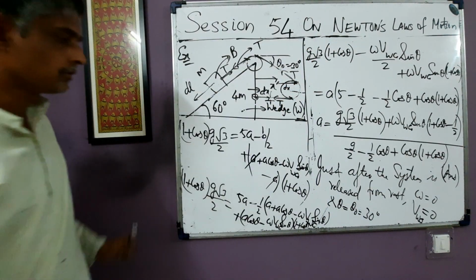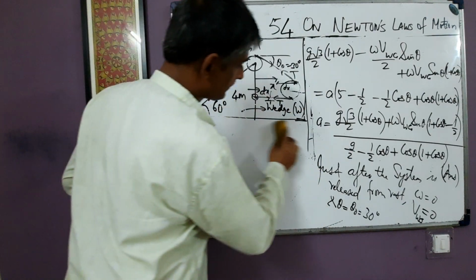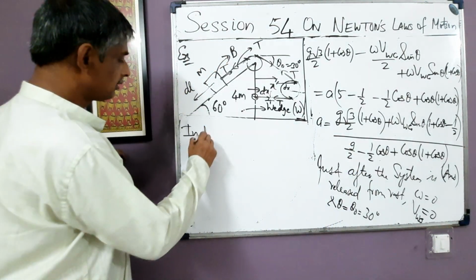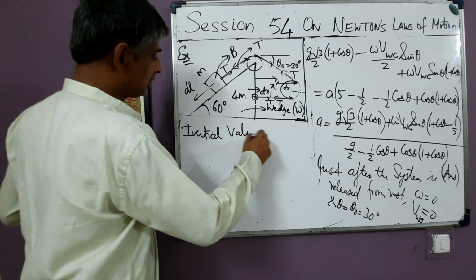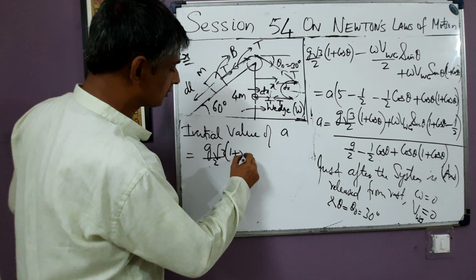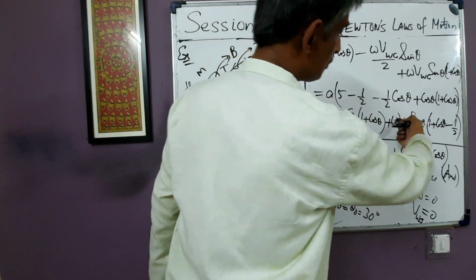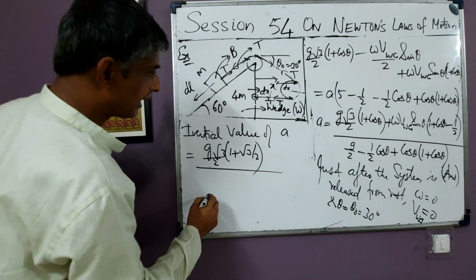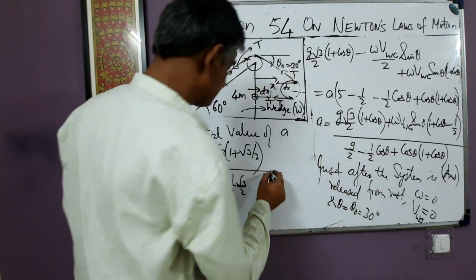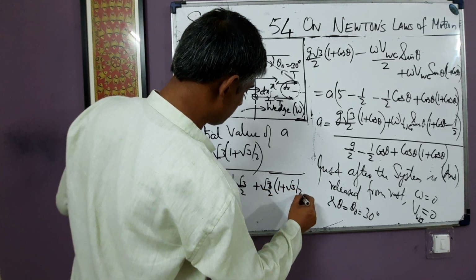Alright. Fine. So rub this one now. So what do we get here? So we get initial value of A is this. Initial value of A, it becomes G root 3 by 2, 1 plus cos theta naught, root 3 by 2. This term goes away totally because omega is 0, VWG is 0. Upon 9 by 2 minus half root 3 by 2 cos 30 degree. And here also it becomes plus root 3 by 2 into 1 plus root 3 by 2.